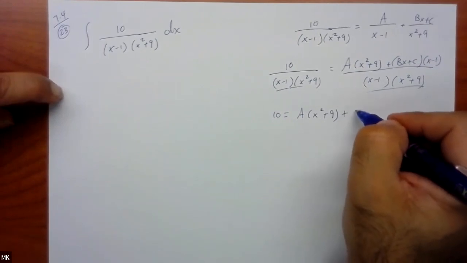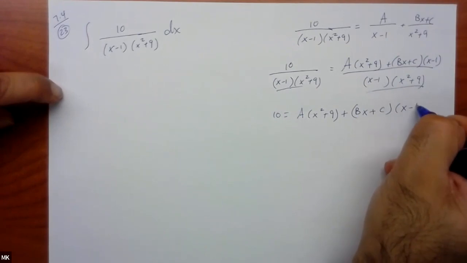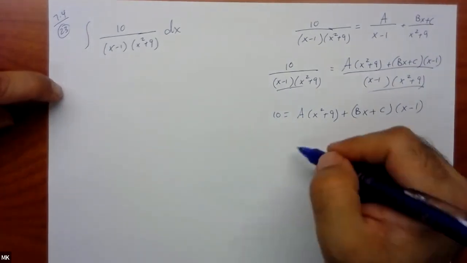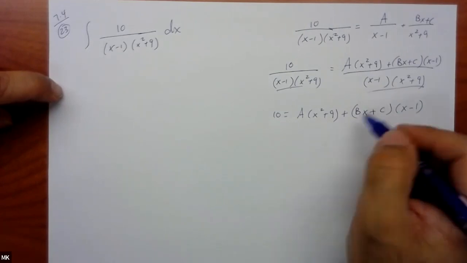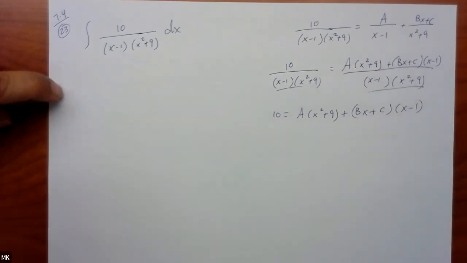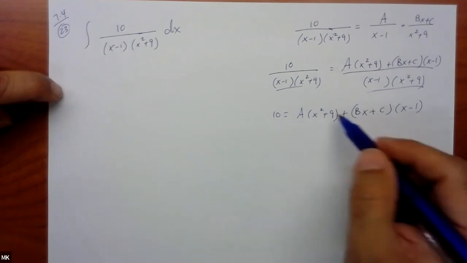Whenever I'm dealing with irreducible quadratic, it just seems it's better for me to just distribute everything and then set like terms equal to each other. I could still plug in x equal to 0, x equal to 1, just try to make it work a little bit. But like if I plug in x equal to 1, this part goes away, then I get 10a is equal to 10, a would be 1.